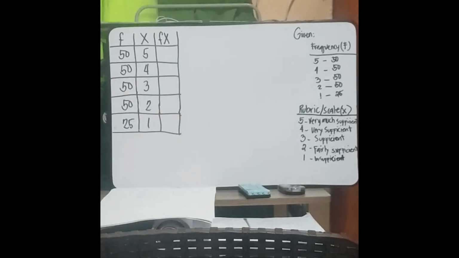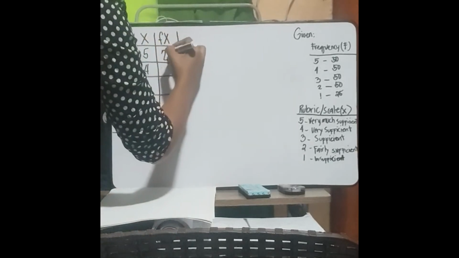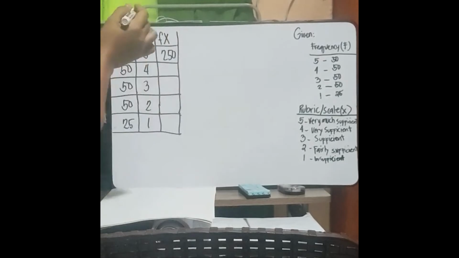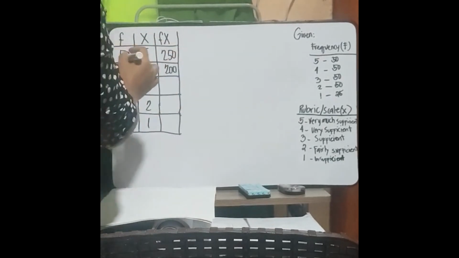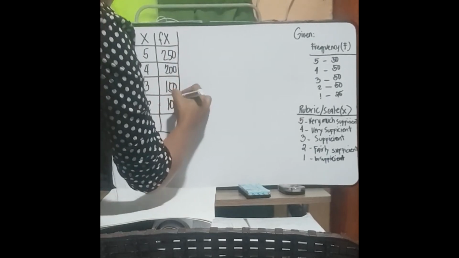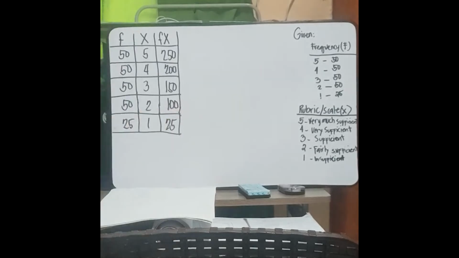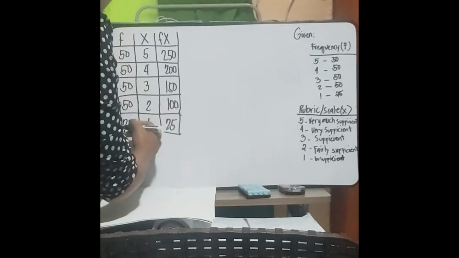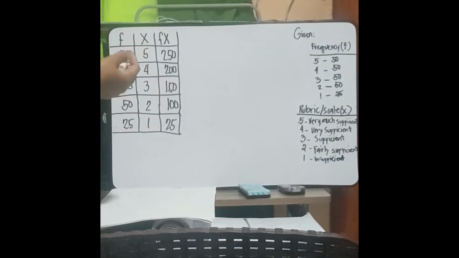Okay, so what we're going to do is to multiply our F on X. So 50 multiplied by 5, so we have 250. Same process. We have 200. 50 multiplied by 3, 150. And 50 multiplied by 2, 100. So 25 multiplied by 1 itself, so 25. Okay. So, we need to add all the frequencies.